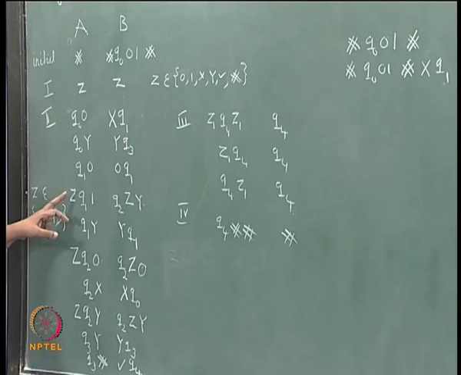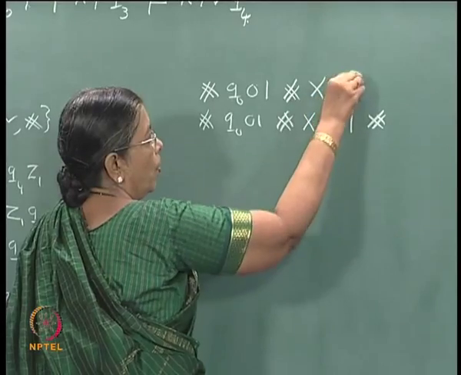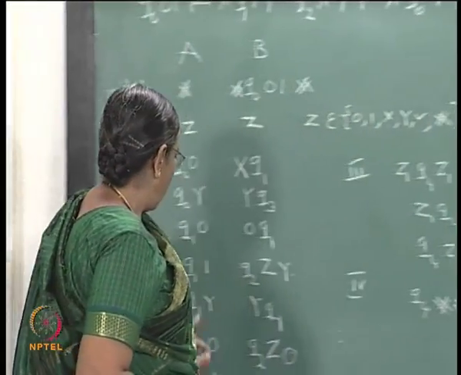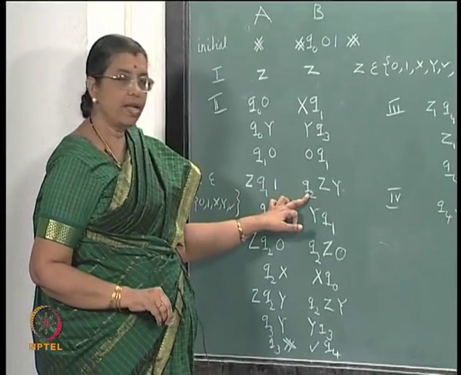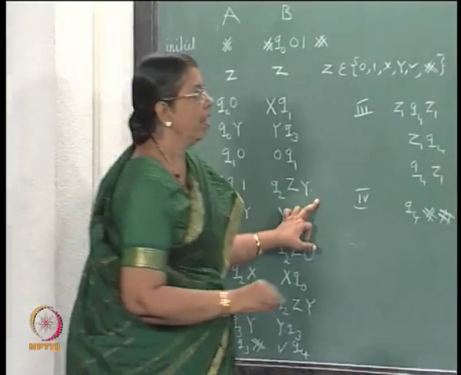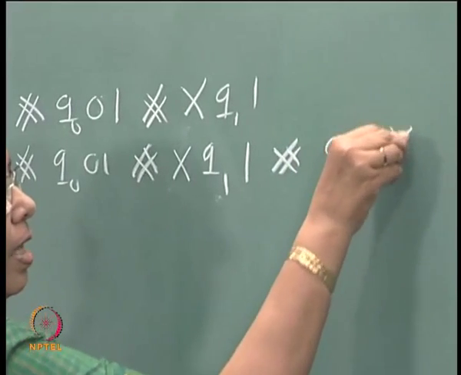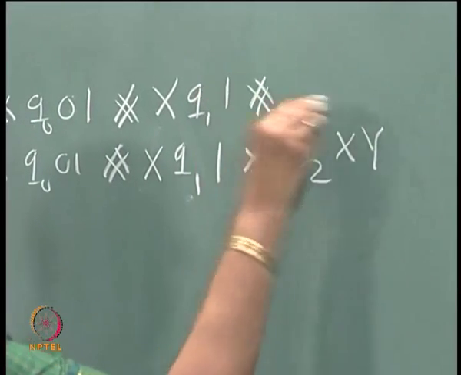So, when you add x Q1 1 here, what will you add? Q2 x y, you will add Q2 x y, then a hash here and a hash here.